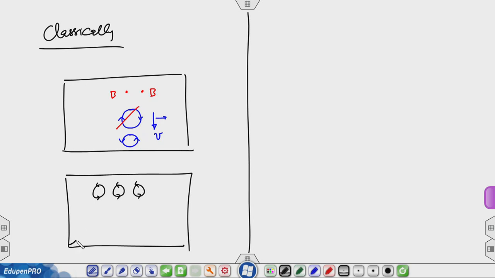But what happens on the side? They cannot complete the circle. So, they move or drift in this direction. On the right side, they move like this. So, you can see that transport is actually taking place along the edges, and we explain that quantum mechanically also by looking at the Landau states when electrons move even quantum mechanically in crossed E and B fields.